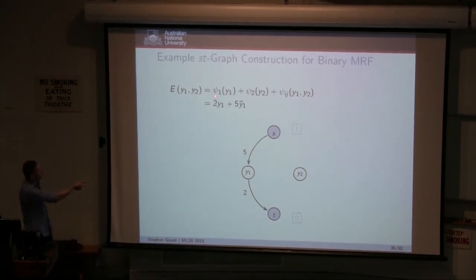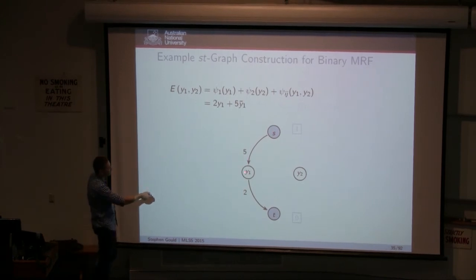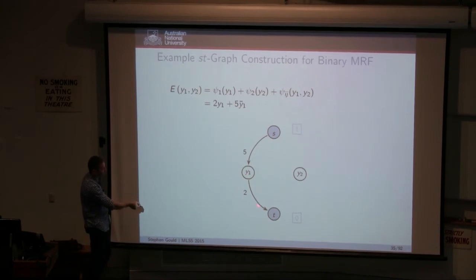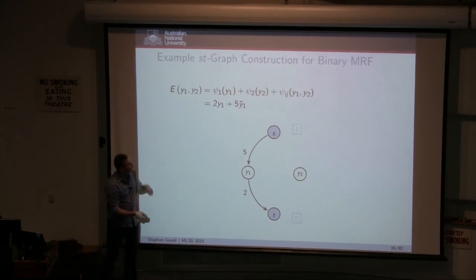My first potential function or factor was 2 times y1 plus 5 times y1 bar. So I'm going to add an edge from S to Y1 of weight 5, and an edge from Y1 to T of weight 2, okay? And note, this is completely algorithmic, right? It's just a construction where I read off the weights.